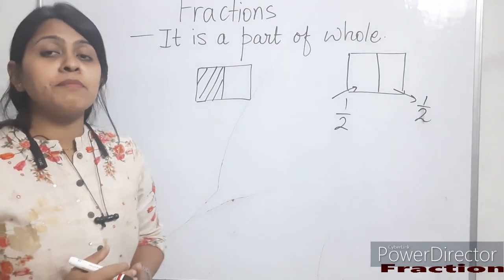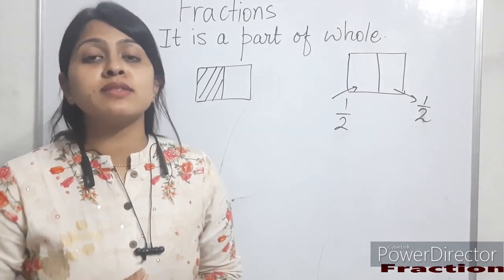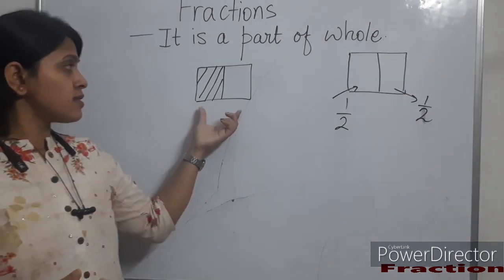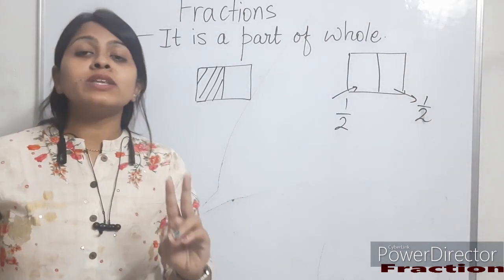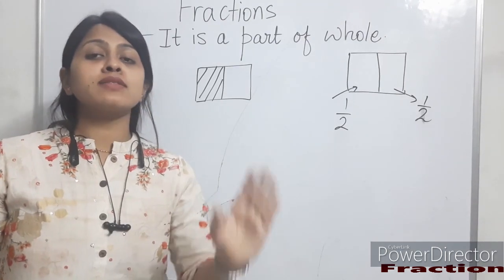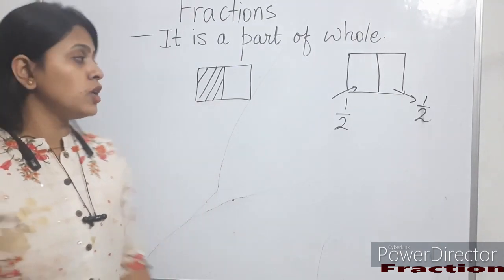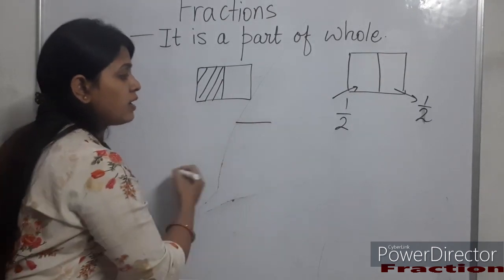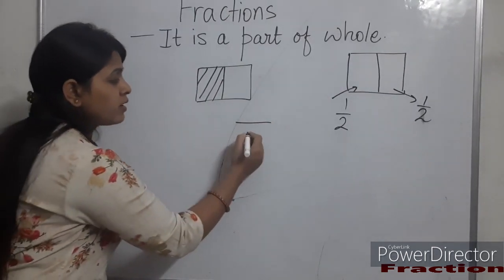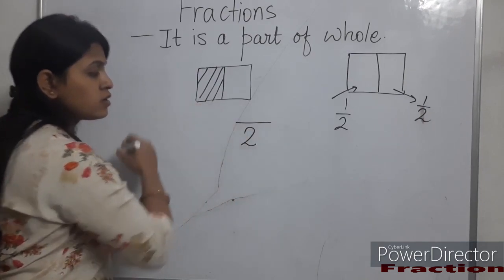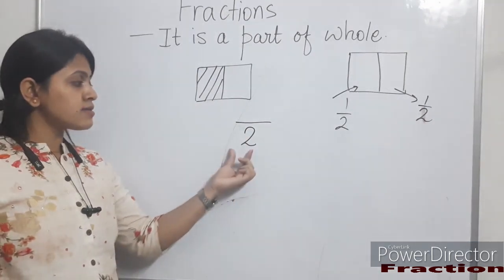We can see there are two parts. Every time, the total parts will be written at the denominator, the lower part. So here we will write the total number of parts, that is 2.